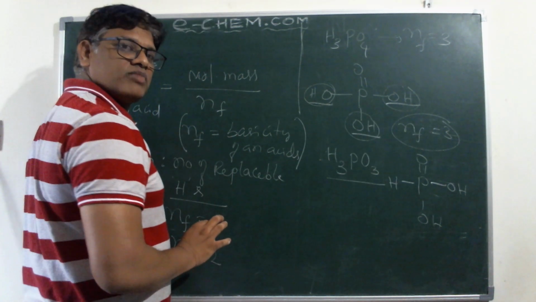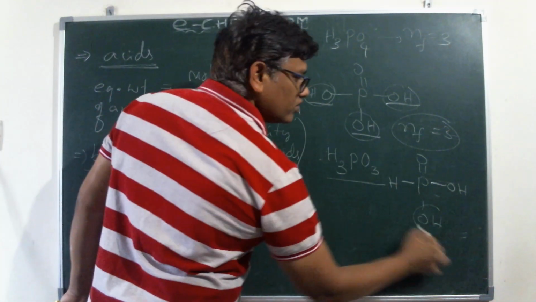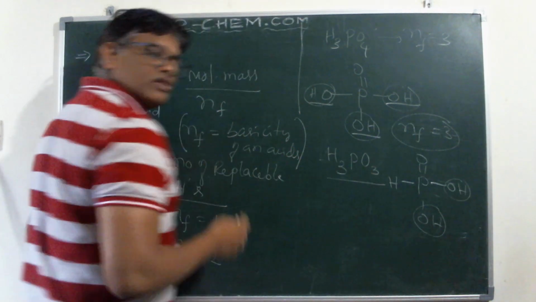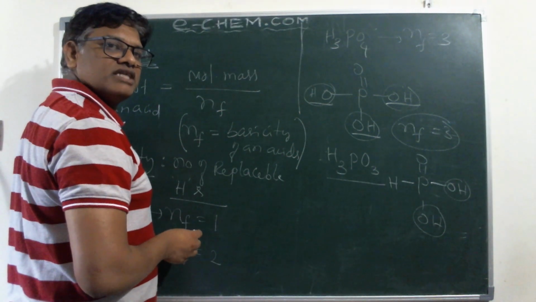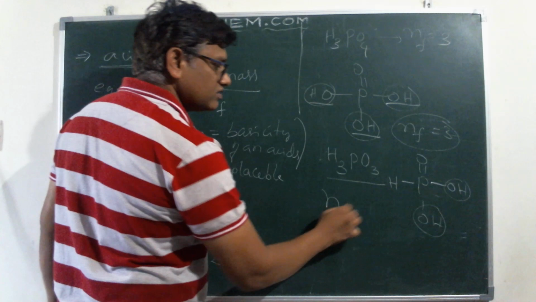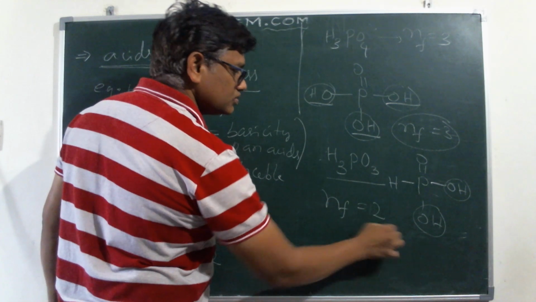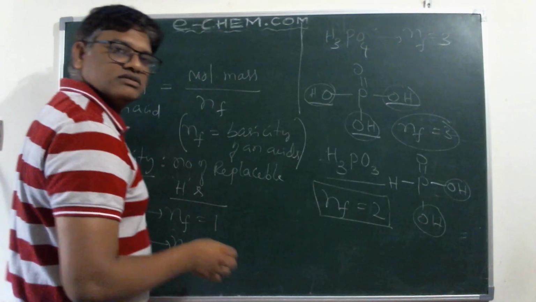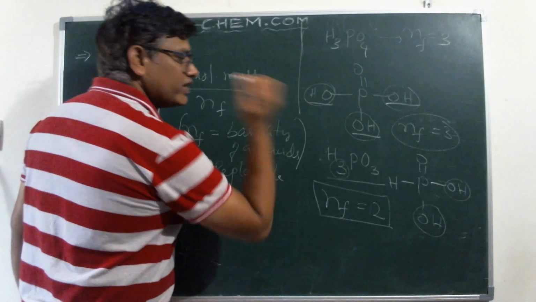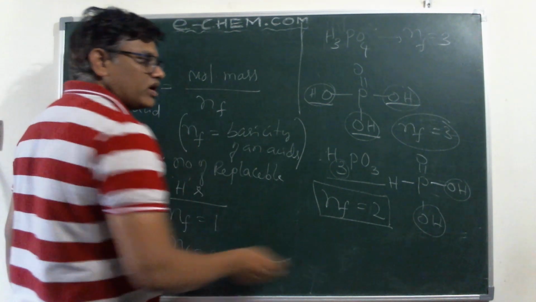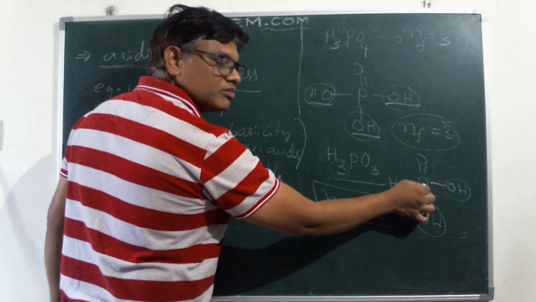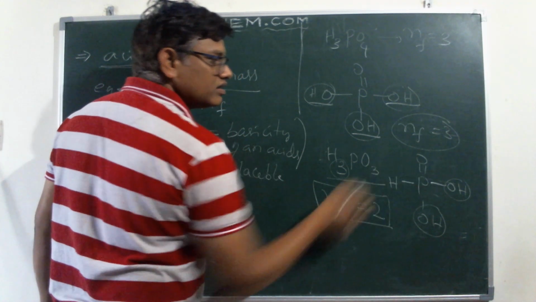These are oxoacids of phosphorus. Now I have only 2 OH groups which can release hydrogen, so the n factor for this is taken as 2, not 3, though 3 hydrogens are present. One of the hydrogens is directly connected to the phosphorus. This is a non-polar bond. Why?